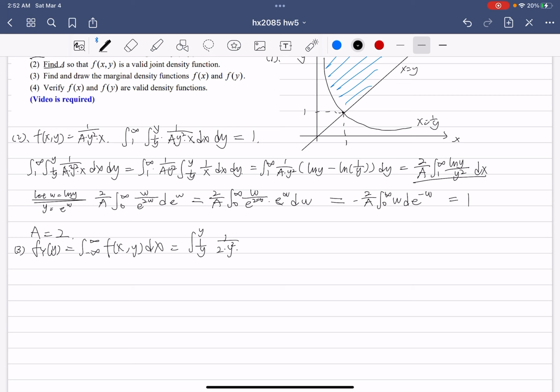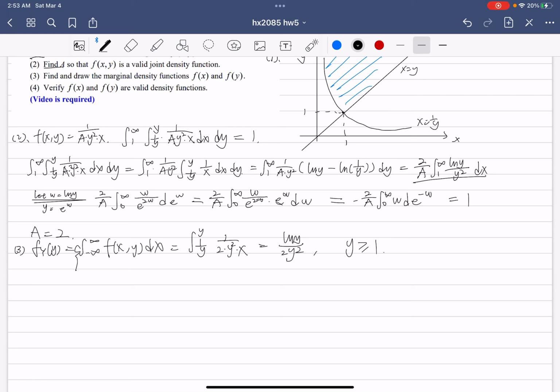Which is ln y divided by y squared times 2, where y is larger than or equal to 1.